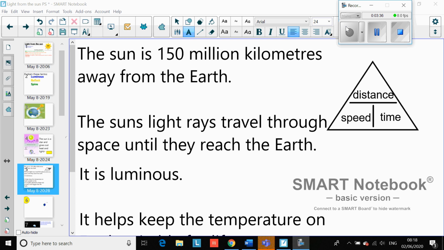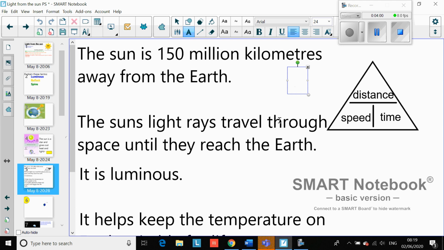Now we can actually do this, because what we need to know is the distance, and if we divide that by the speed, we can work out the time. So if we know how far away the sun is, which we do, and if we know the speed that light can travel, which we do, we can work out how long it will take to get to the Earth.